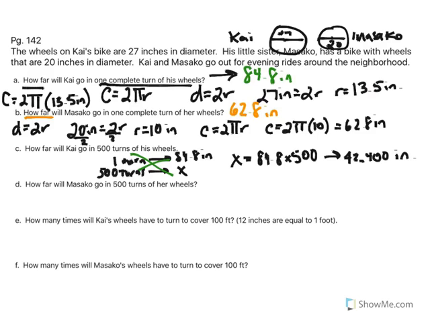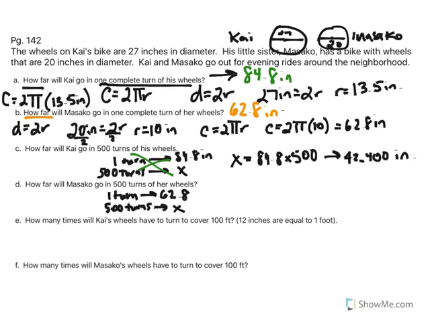How far will Masako go in 500 turns of her wheels? All right, well, in one turn, Masako will go 62.8 inches. I found that up here, remember? Okay. So in 500 turns, we're setting it up the same way we set up the other one. She's going to go X. We don't know.